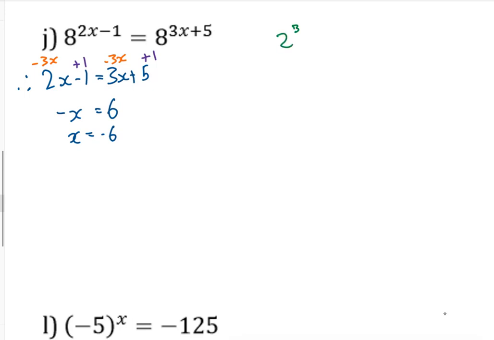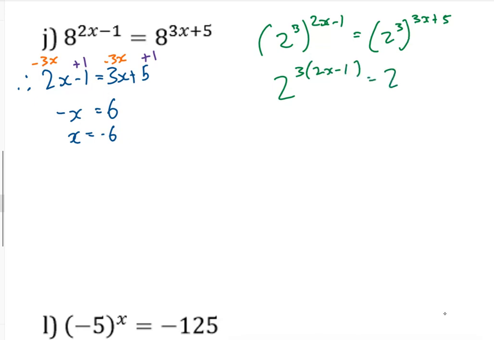This is 2 cubed to the 2x minus 1 equals 2 cubed to the 3x plus 5. So that's 2 to the 3 times 2x minus 1. So you end up with like a distributive property question.